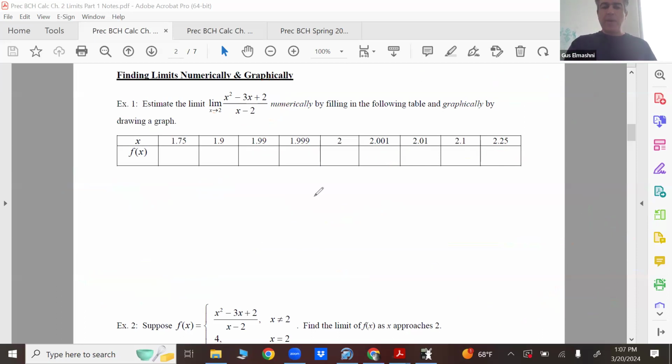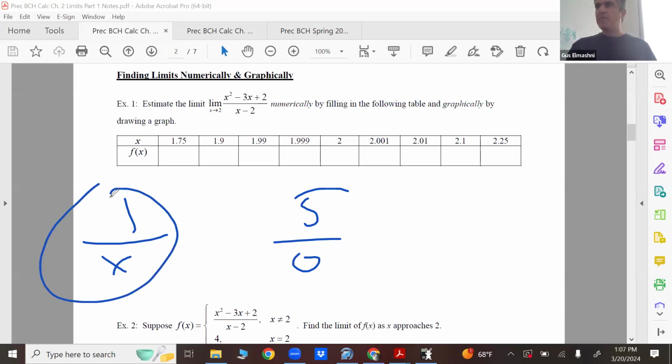If it's undefined, by the way, let's say I have 1 over x. Well, what happens at x equals 0 for this graph here? What do we call that when that happens? No, but what happens graphically at x equals 0 for this kind of equation?